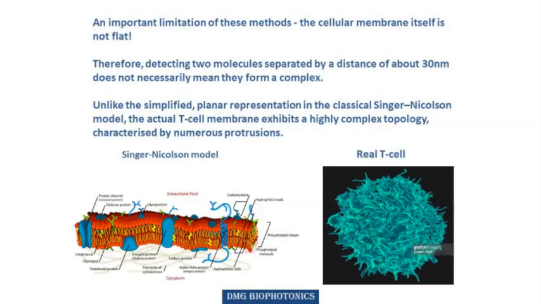Moreover, the use of the above-described super-resolution methods does not guarantee unambiguous determination of the spatial proximity of proteins even in fixed cells, since the cell membrane is curved and contains many elongated protrusions, which complicates interpretation of data.